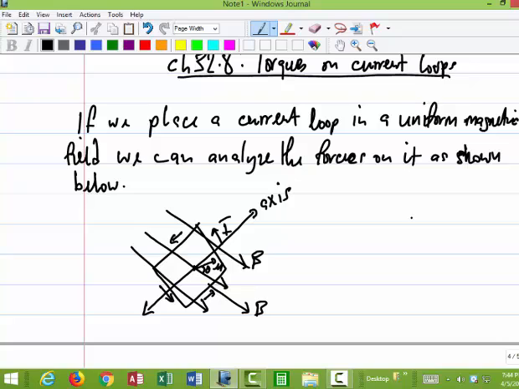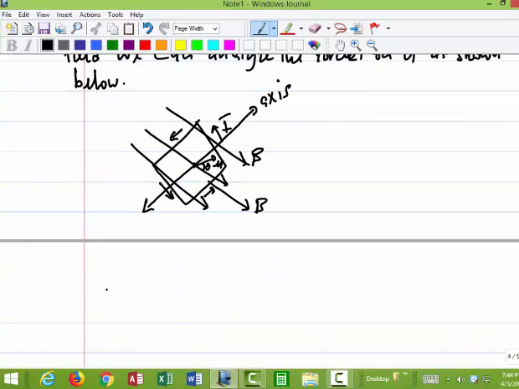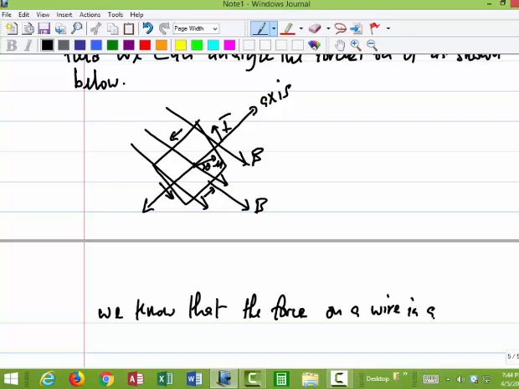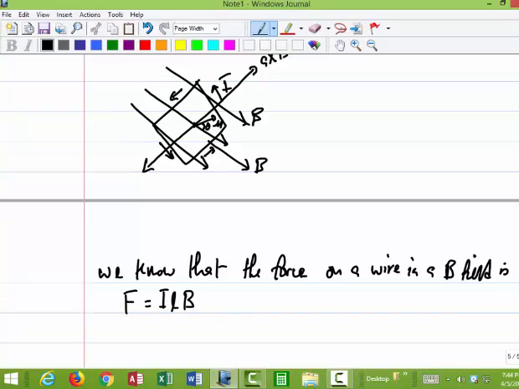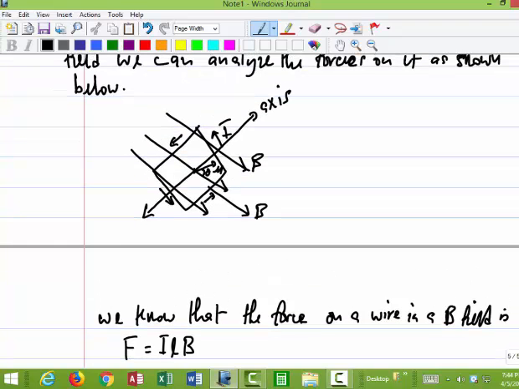But let's first of all analyze it from the point of view that it's just segments of wire in a magnetic field. We know that the force on a wire in a magnetic field is given by F equals I L B. So if we think of a segment at the top, the current is going this way, the field is this way.